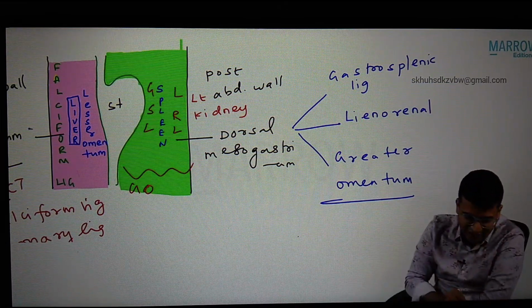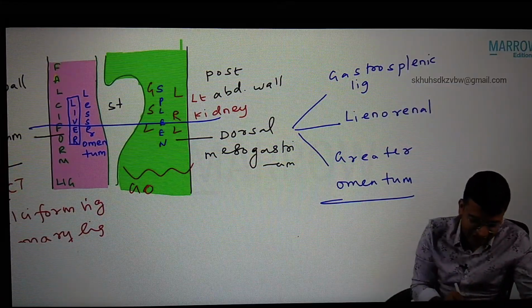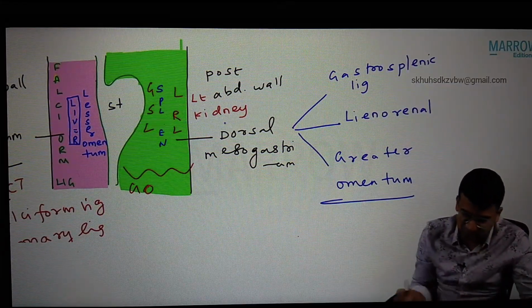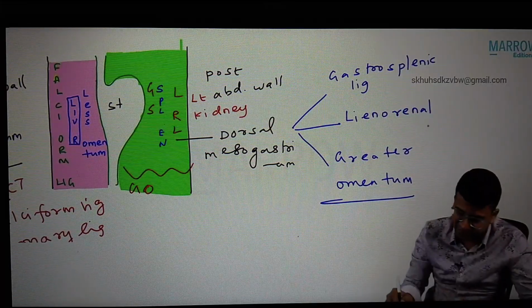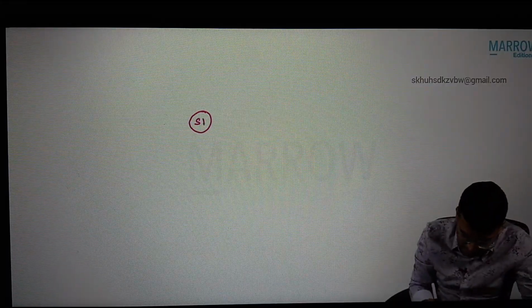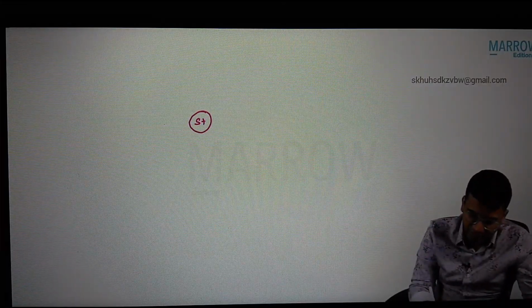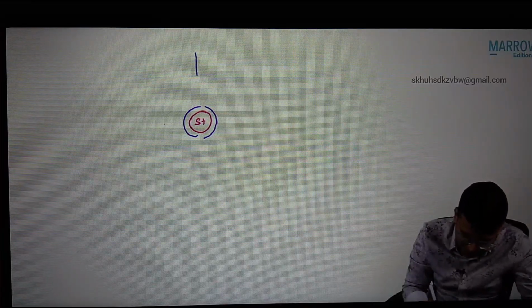Now if you take the cut section, how does the diagram look? We have taken the section in this plane. Now we see here, this is the stomach, and we have the peritoneal fold, I told you. This is the front side and back side.